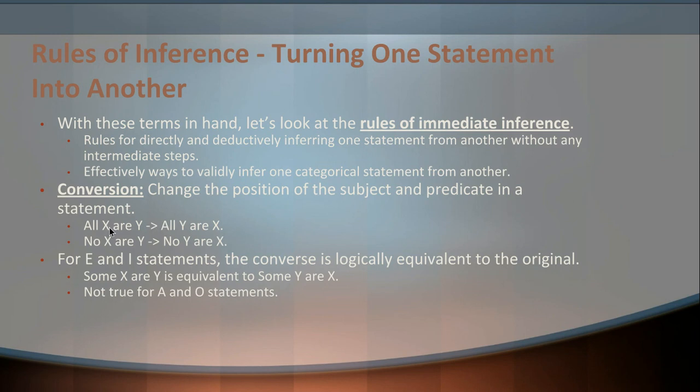The first one's true. All squares are rectangles by definition. But it is not the case that all rectangles are squares. Some rectangles do not fit that definition of square. So even though I can do the operation, I can flip around the terms, it doesn't give me a logically equivalent statement. And the same is true for the negative ones.